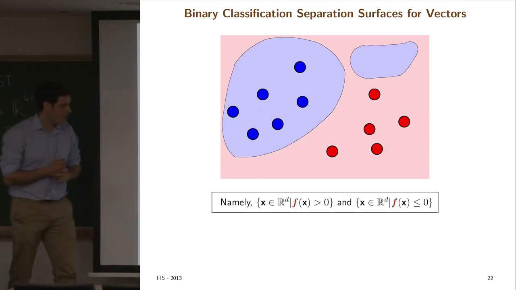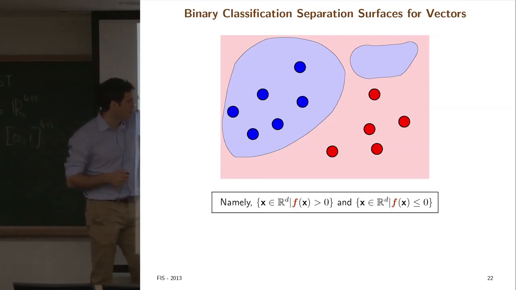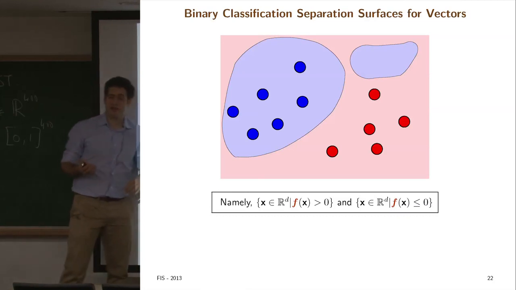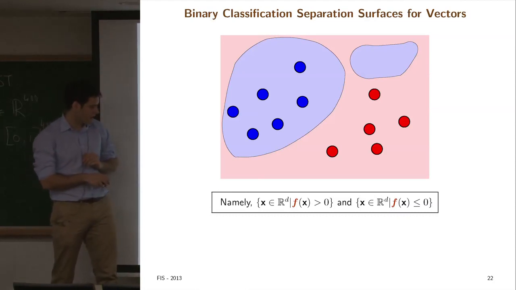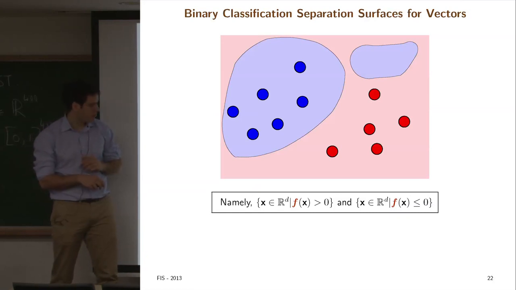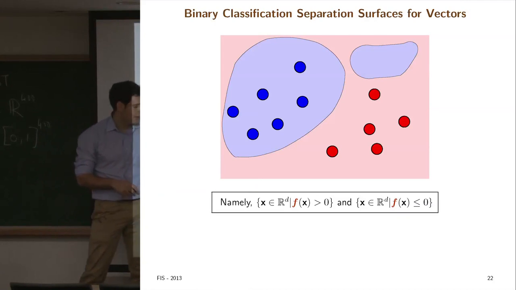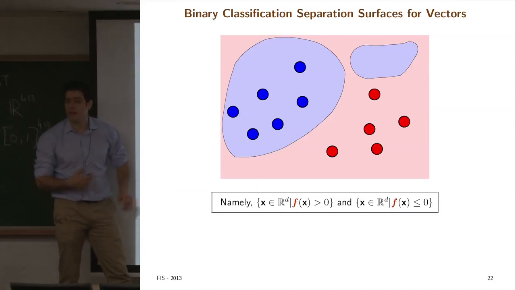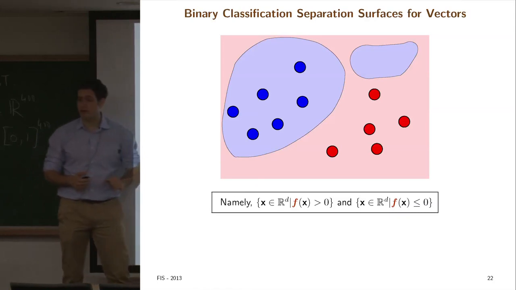Well, I will say that those areas, blues and reds, are just the result of using a function f and selecting all the points x such that f of x is positive. So that might be, for instance, the red area. And all the points x such that f of x is negative. And that might be the blue area.